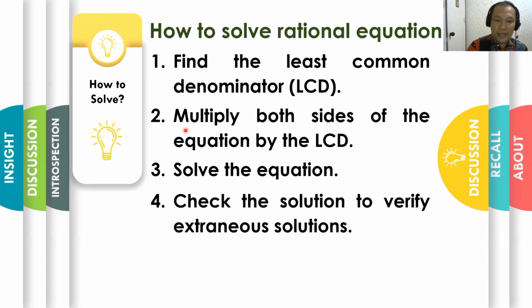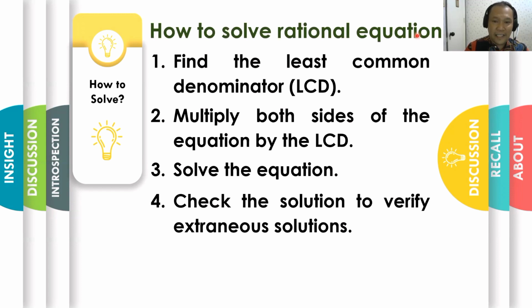And last one, always check your solution, meaning the value of the variable should be verified so that we can determine if our solution or the value of the variable is extraneous. And if that will be the case, then that will not be the value of the variable nor solution of the equation. Okay, I repeat, how do we solve rational equations?